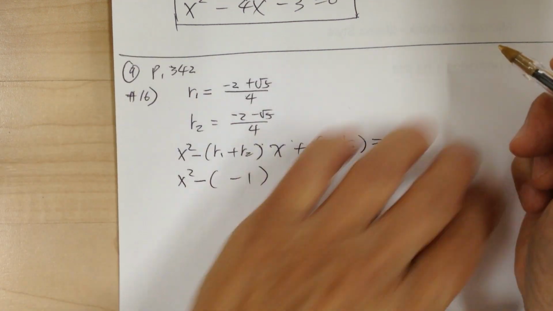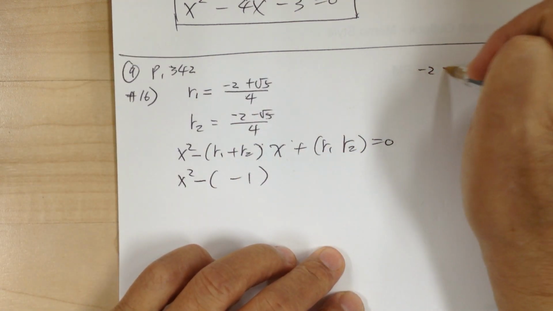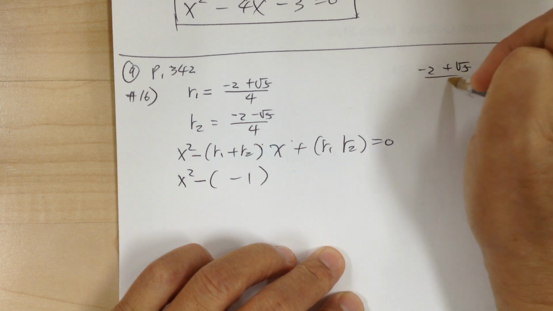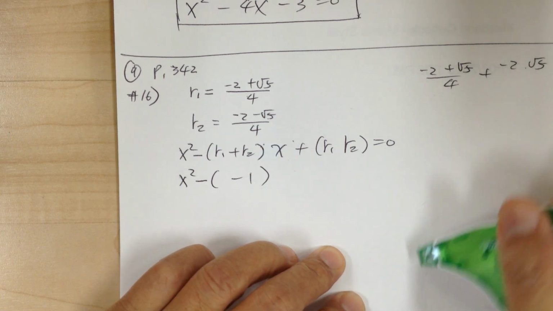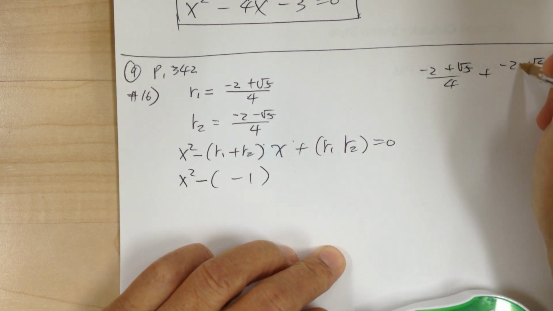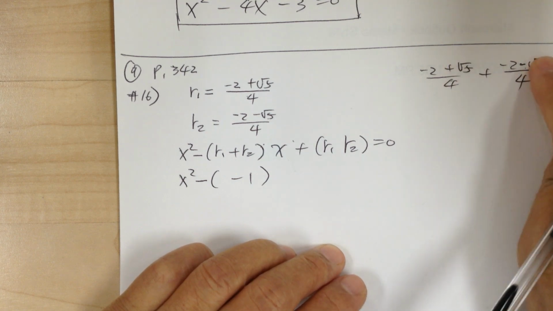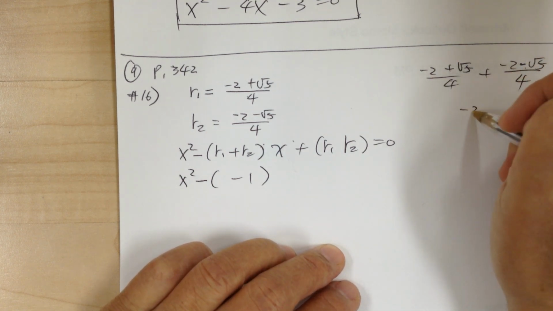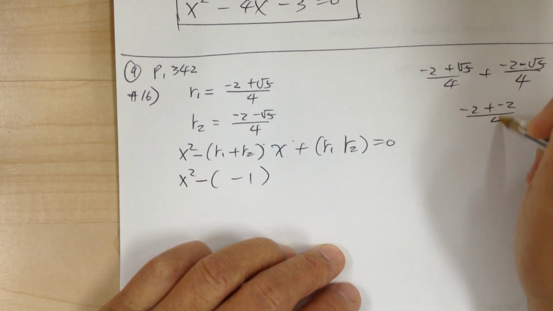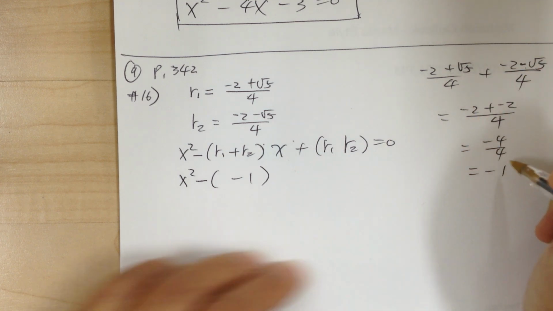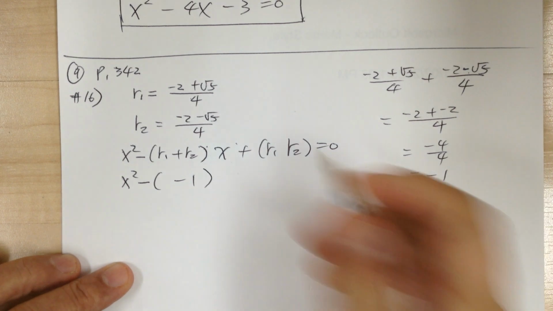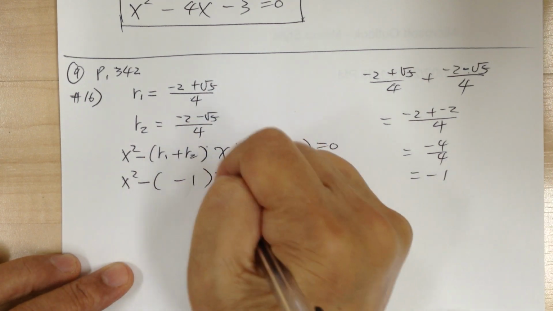If you don't see that, this is what you do. The plus or minus will get cancelled out, so you end up with negative 2 plus negative 2 over 4, and so this will give you negative 4 over 4 equal to negative 1. That's where the negative 1 came from.